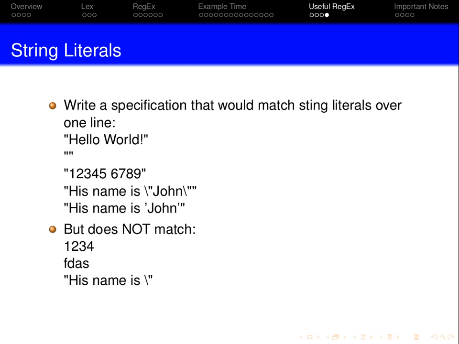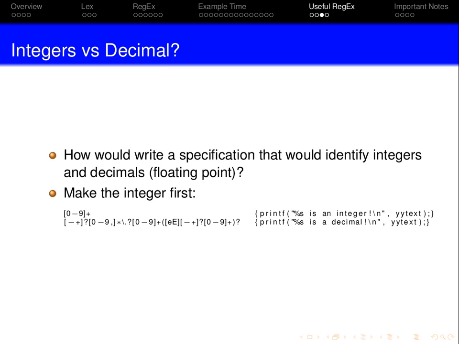What was the last one? Wait, but in that one, wouldn't a decimal that starts with integers also match the integer? Yes, but a decimal. Like, would we need a dollar sign at the end? Because if it's 10.5, for example, wouldn't it just take the 10 and save the decimal integer?